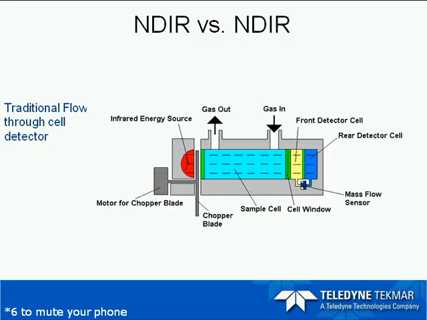Therefore, the signal decreases, and you're going back down to your baseline. So that is basically how the traditional gas flow and detection of a non-dispersive infrared detector works, as used in the Apollo 9000 and the Phoenix 8000, which I'm sure many of you are very familiar with.